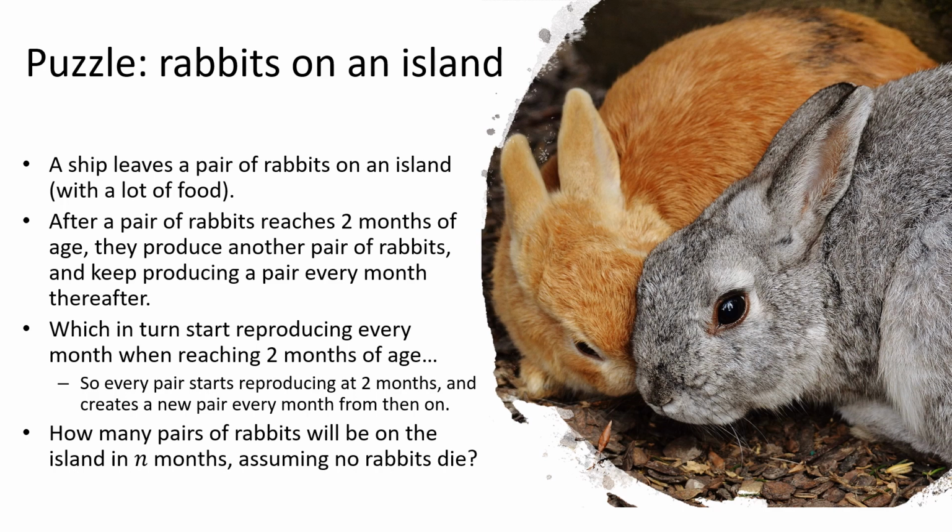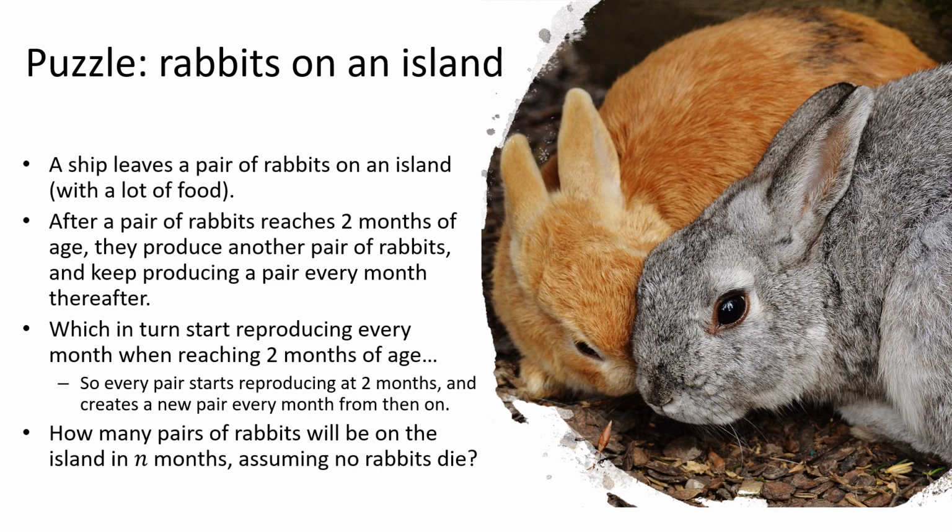So here is a puzzle. A ship leaves a pair of rabbits on an island, and the island has a lot of food and no predators for the rabbits. It happened before, happened in real life. It was definitely more than one pair, but to simplify our proof, let's start with one pair.